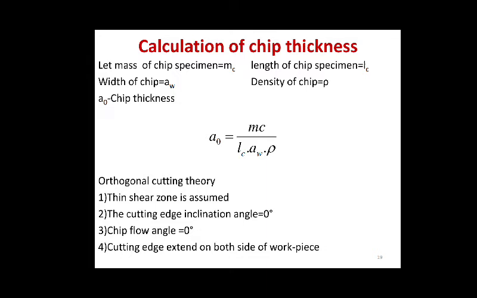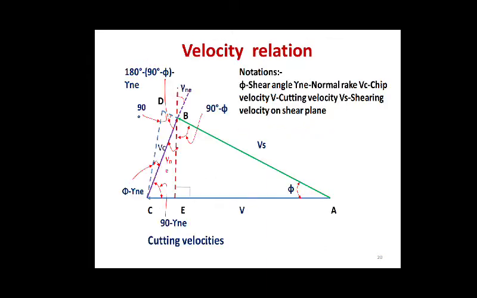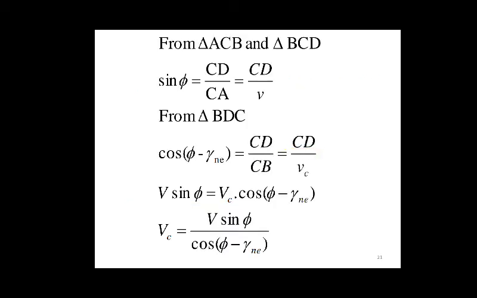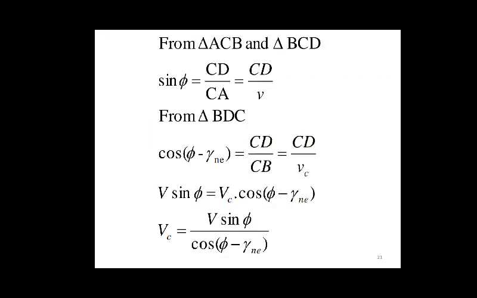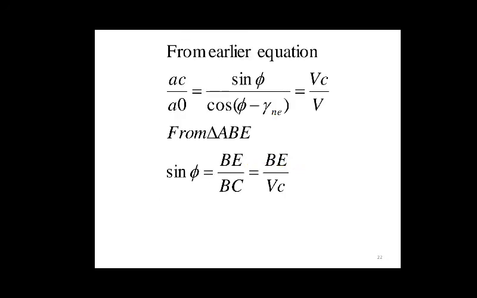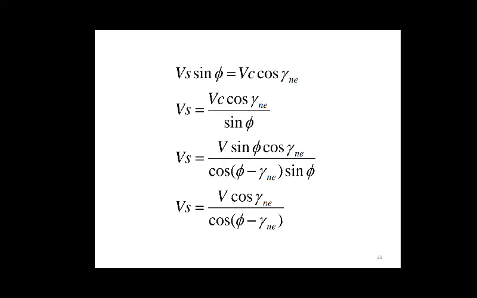Okay, so next the velocity relation. By taking sin phi equal to CD upon CA, in such a way, by putting all the values, we will get the answer: Vs equals V cos gamma n upon cos of (phi minus gamma n).